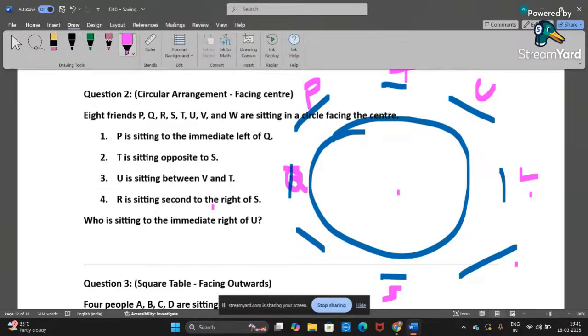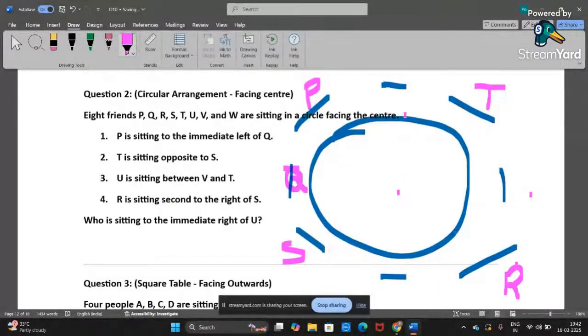R is sitting second to the right of S. Let us take it as S. So this cannot be the option, because R is sitting second to the right of S. So S will be here and opposite this, T. The positions should be possible to fill the second right. So see here, R is sitting second to the right of S.